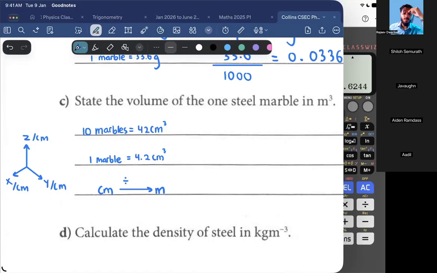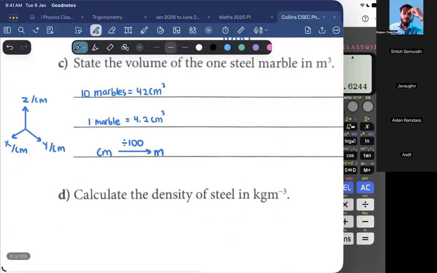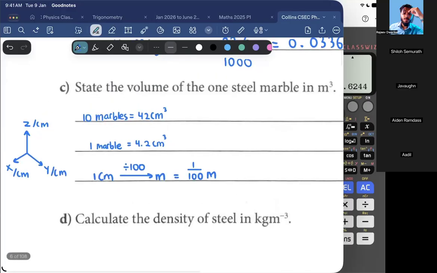You sure you understand that, right? Yes, sir. Cool. And so that would just work out to be 1 over 100. So 1 centimeter is 1 over 100 meters, and you'll convert every single dimension to that.